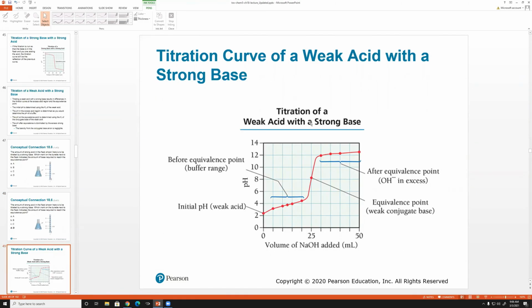So here's an example of a titration of a weak acid with a strong base. You have the weak acid, adding base slowly. You're going to have a jump in pH.